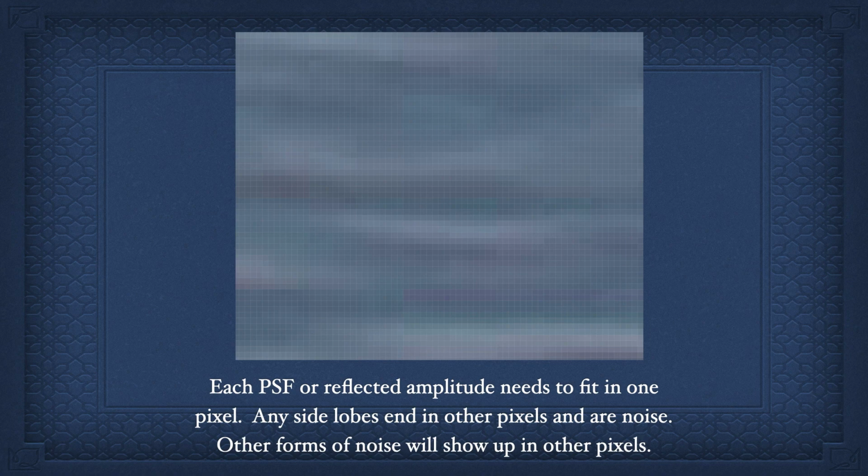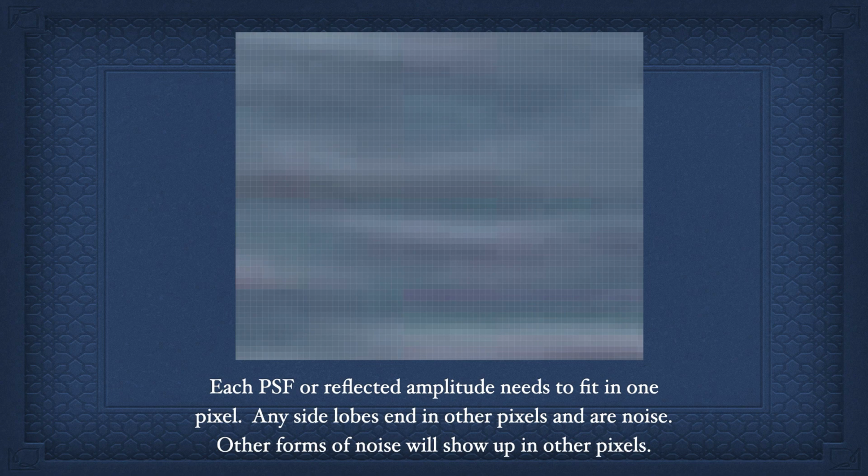But we want a nice little curve like that that fits into a pixel that we can plot. So for pixels that have back reflection, we don't want them to have side lobes, which I didn't show you an example of, but a lot of frequency distributions will give you side lobes that will leak into another pixel and that just causes additional noise.